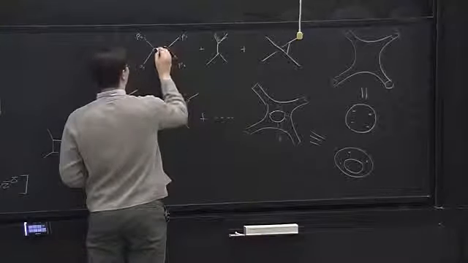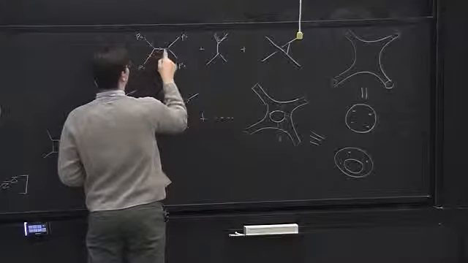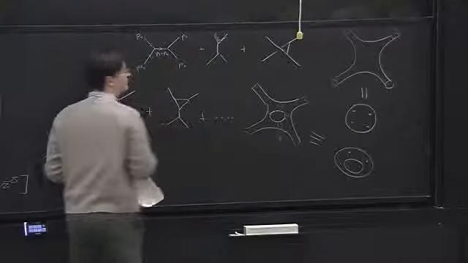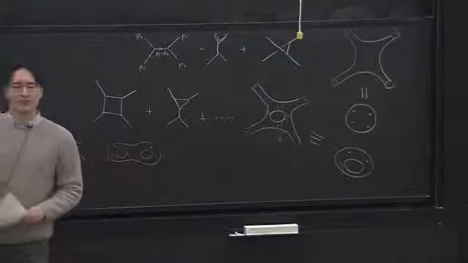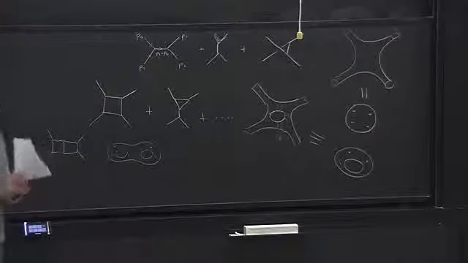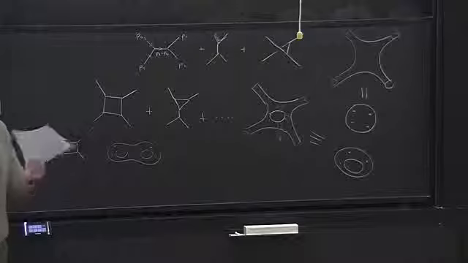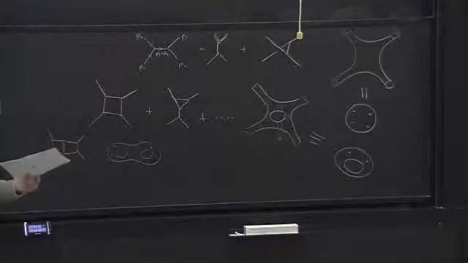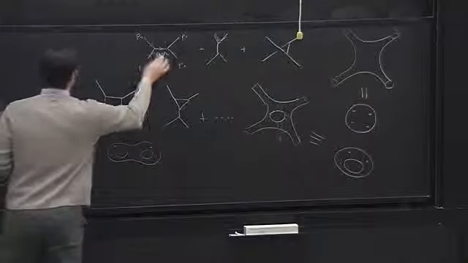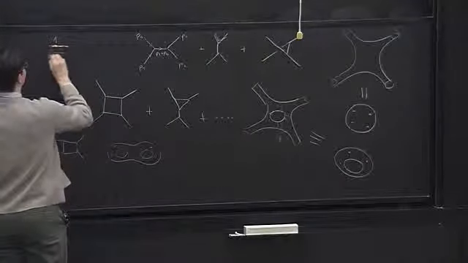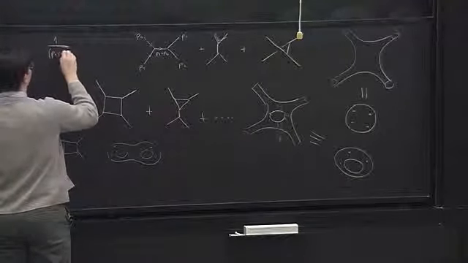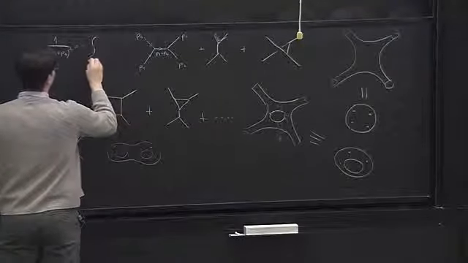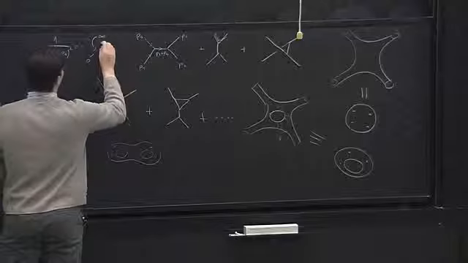The momentum that propagates in the intermediate channel is something like P1 plus P4. Now remember that the string theory calculations are analogous to the calculation of quantum field theory made in the proper time formalism. So this sort of propagator was represented as this sort of integral.